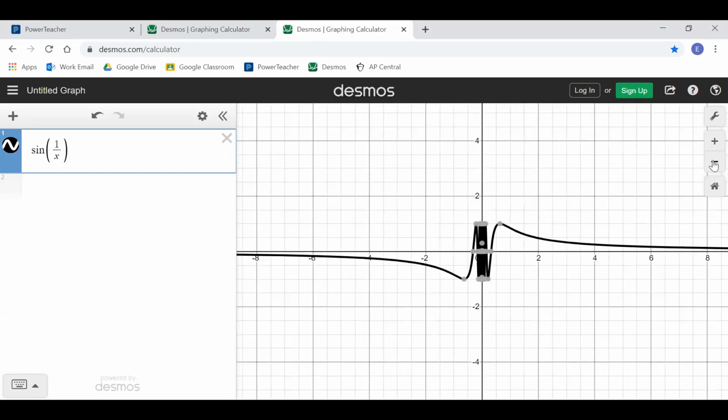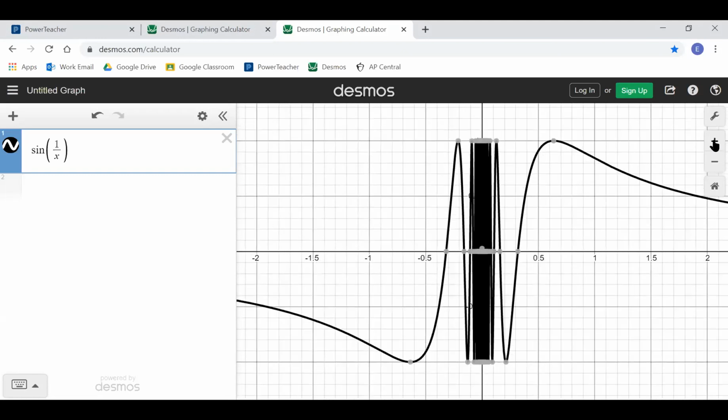So we'd like to show that that's true, because if it keeps oscillating up to 1 and then back down to -1 and then back up to 1 and back down to -1 an infinite number of times, because that's kind of what it looks like it's doing, can it possibly be approaching some number?